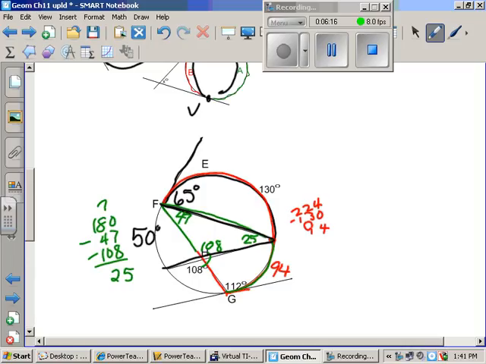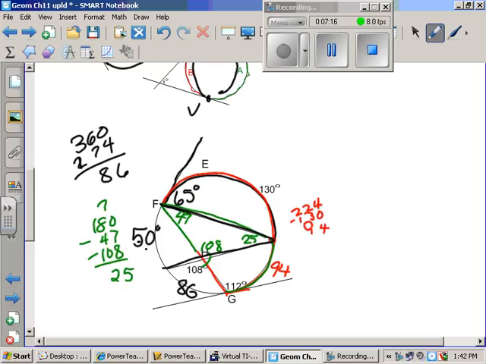Now I've got 130, 94, and 50, and I can find this little missing piece by subtracting all those from 360, because I know the entire circle is 360. 130 plus 50 is 180, and 180 plus 94 is 274. Subtracting 274 from 360, I get 86. So this arc must be 86.